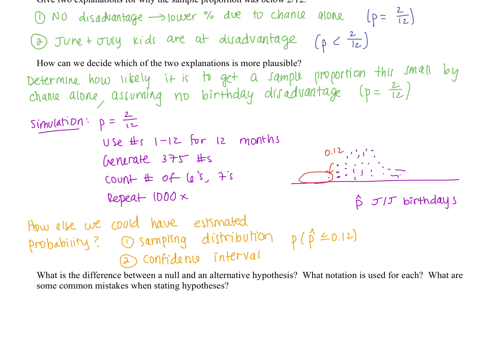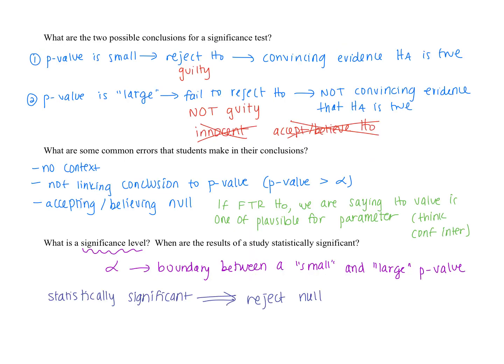So then we looked at how to set up hypothesis tests, and we talked about you're going to calculate this p-value, this probability. There are two different decisions that can be made. If your p-value is really small, it means that that sample is unlikely given the population, which means that we reject the null. And if your p-value is large, then we're going to fail to reject the null.